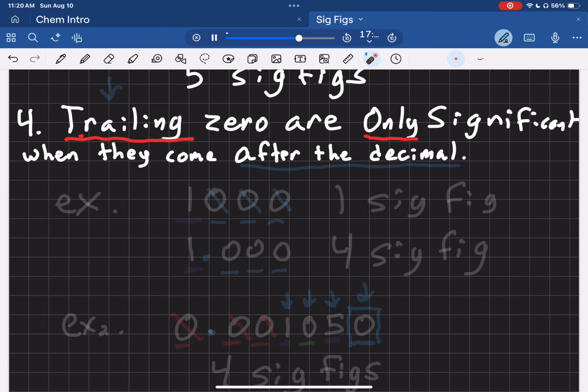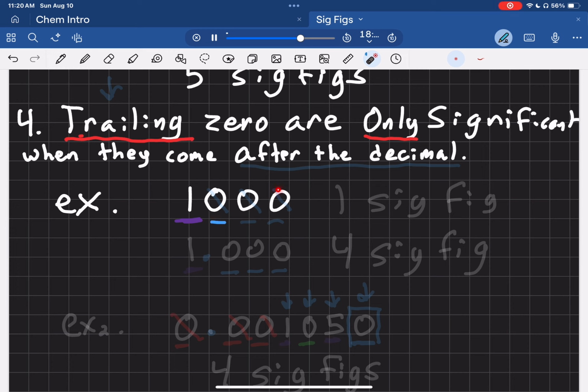So let's say that we have a number that looks like this, and let's say the number is 1,000. Now we do the same thing that we've done before. We identify first and foremost all the significant numbers by identifying each of the rules. Start with the easy ones. We have the non-zero right there. And then we take a look at these zeros right here.